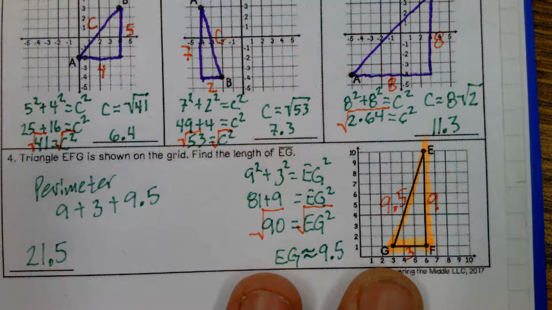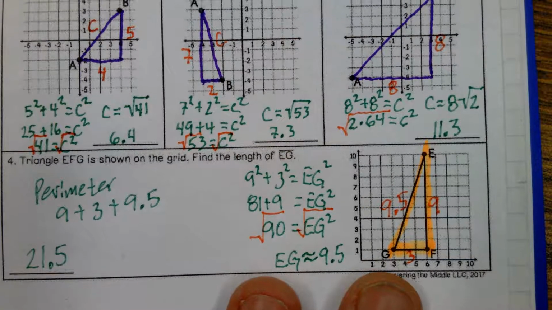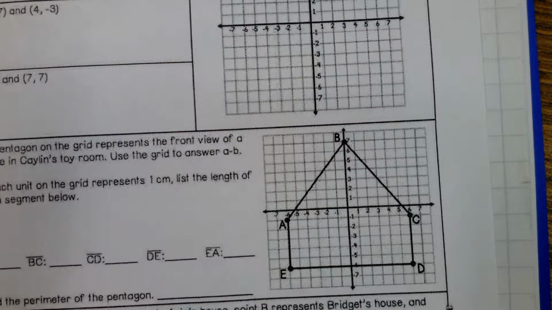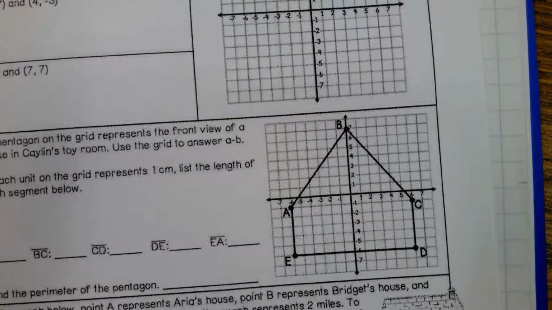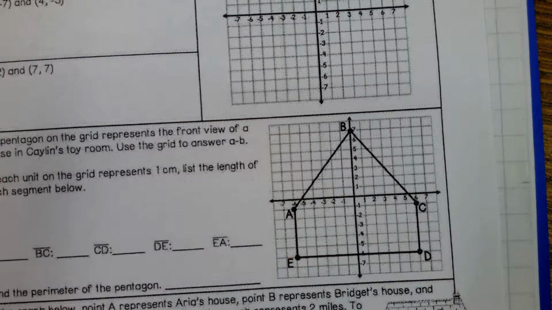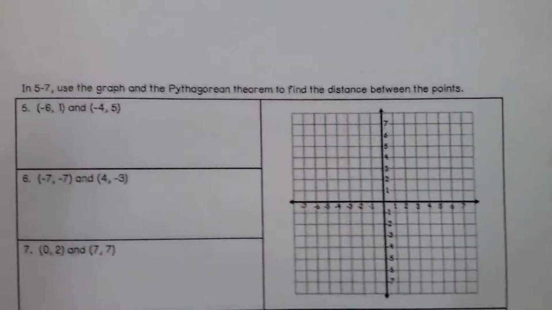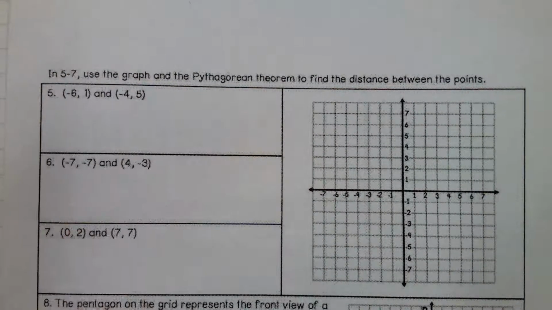You guys ready to go to number 5? So on number 5, 5, 6, and 7, they're just giving us coordinates. Tell you what, let's just do 5 and 6.